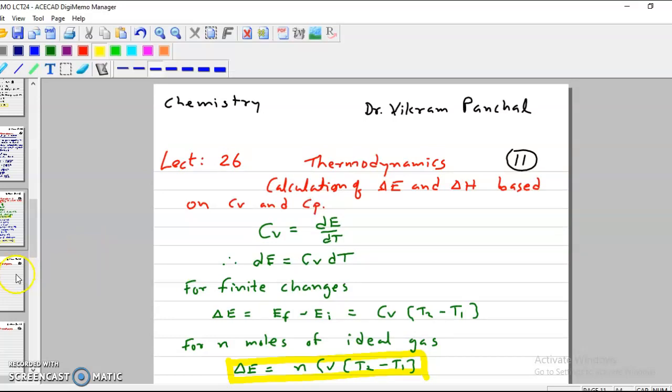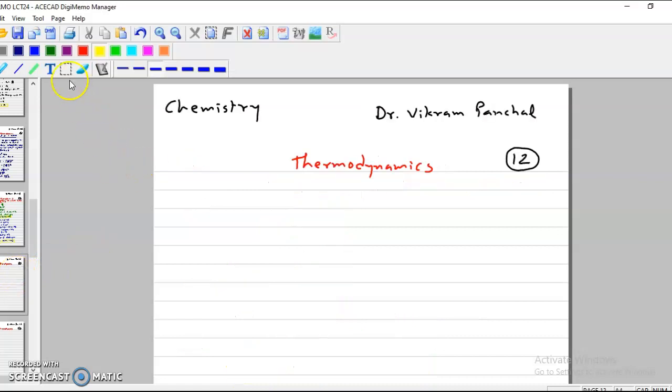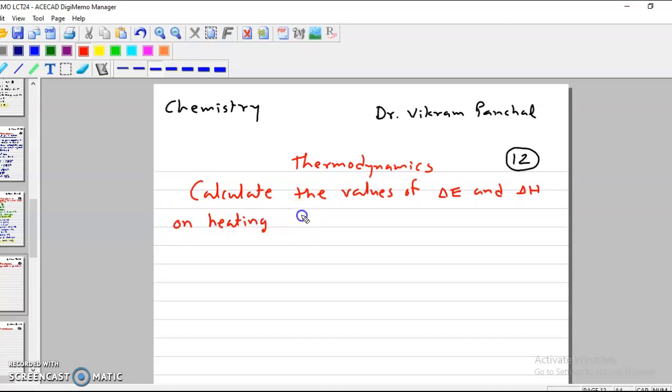Okay, so let us take one numerical. Calculate the values of delta H and delta E on heating 64 grams of oxygen gas from 0 degrees Celsius to 100 degrees Celsius.